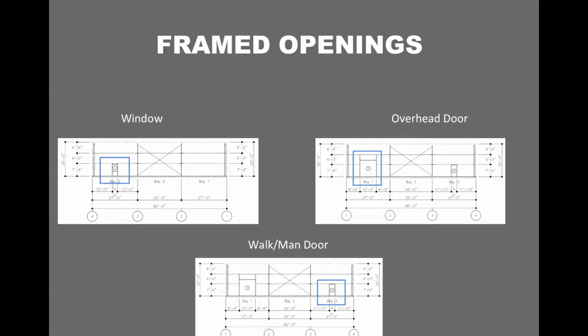Any overhead door openings, any walk or man door openings, or any window openings will be framed out with structural elements to help support any door or window that you're going to hang in there, and also to distribute the load of the building around that door or window or whatever it is that you're going to put in there. Pretty straightforward here, guys.